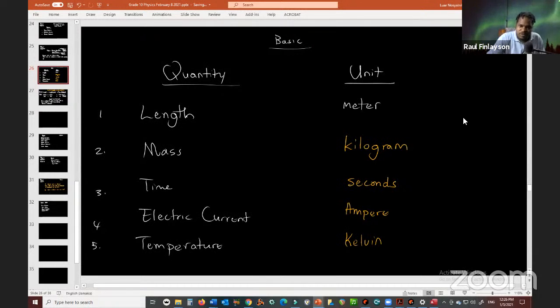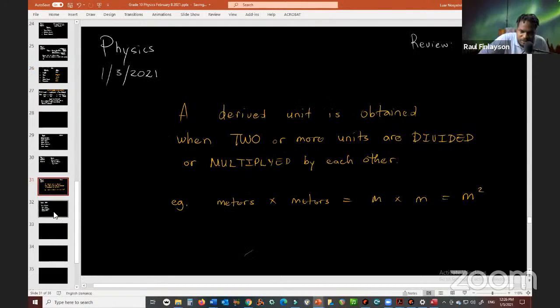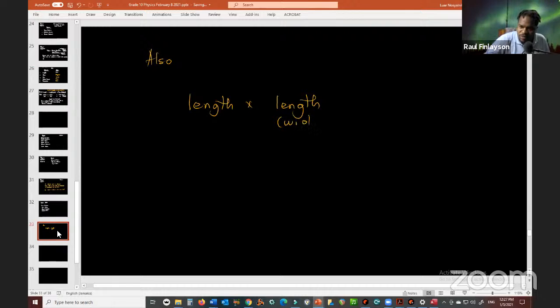What about if you multiply the length by itself twice or three times? Let's see what that would look like. Another example: length times another length. Let's call this one width, just like we did a while ago, like if it's a square.